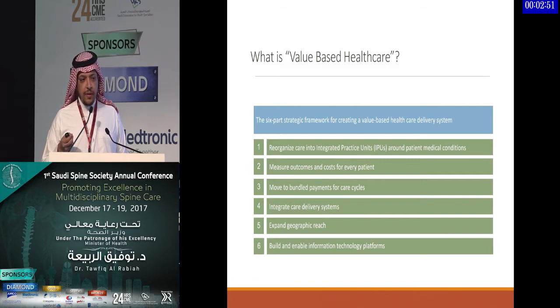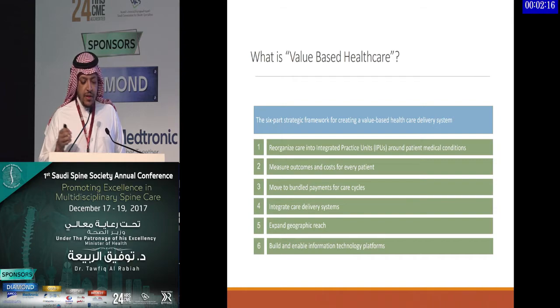Let's say for a disc herniation, you start with the pre-op visits and all the management that takes place before that, all the way until rehabilitation after any intervention or any surgery, sometimes even a period of 6 months or 1 year after that to make sure that relapse doesn't happen.